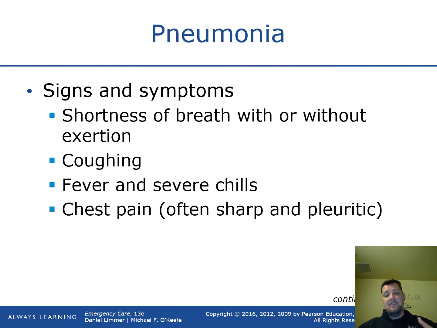There's fluid that sits between the visceral pleura and the parietal pleura that prevents them from rubbing up against each other. When that fluid is depleted, like in pneumonia, you've got friction from the pleura rubbing together, and that creates the pain.